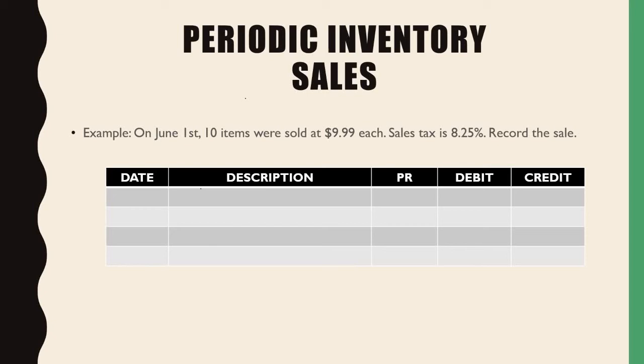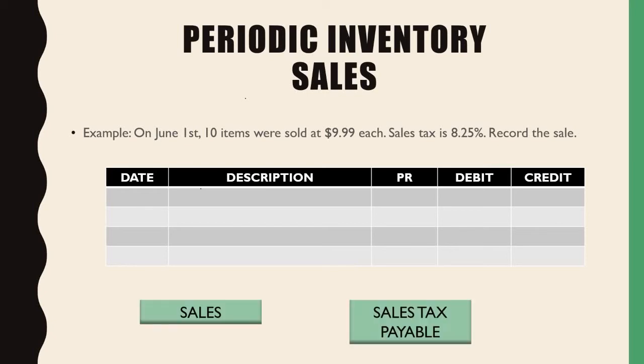Record. Here we're going to be looking at two accounts: sales, pretty straightforward, and sales tax payable. And of course, one thing we should always assume: if you're selling a product, what should you be receiving?